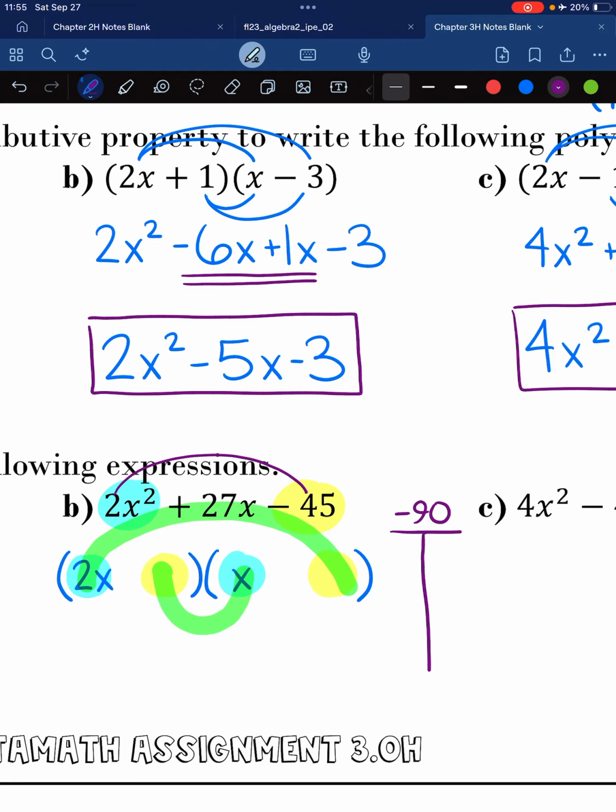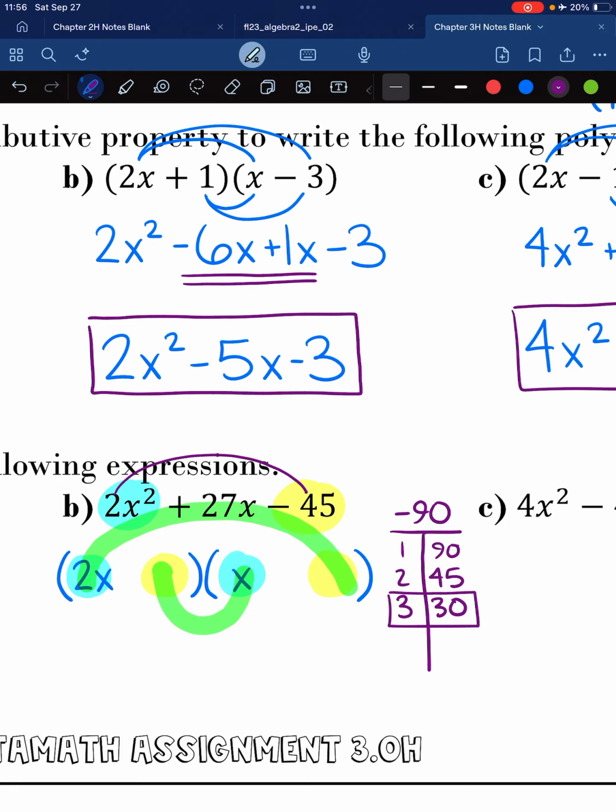I just know that I'm going to be subtracting these values, but 1 times 90 definitely doesn't combine to 27. 2 times 45 does not. 3 times 30, oh, it looks like I have my winner, right? Because 3 minus 30 is going to be 37. Nope, it's going to be 27 when I subtract.